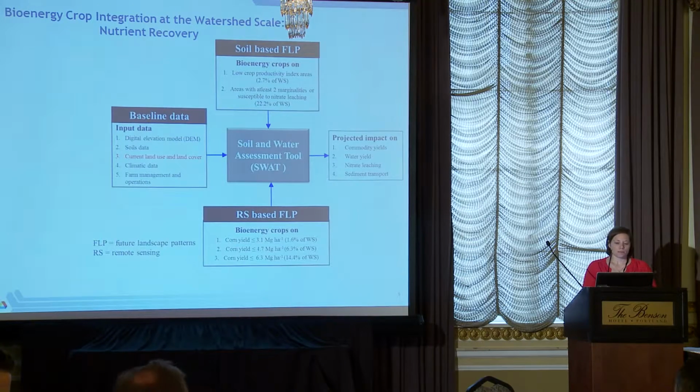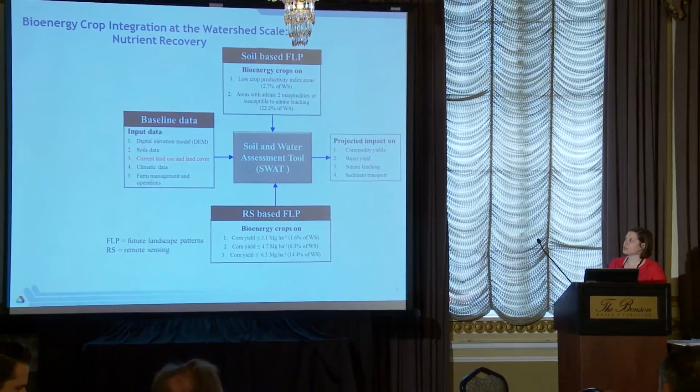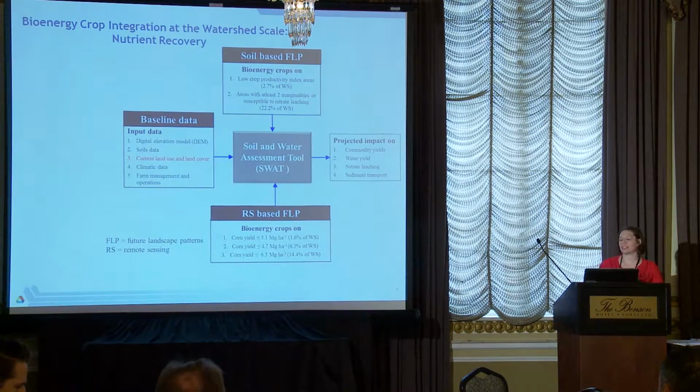So the next step is to scale up from the field scale to our watershed scale, and we can't use the same monitoring regime at the field scale because it's too costly. So we used a modeling system, SWAT, a hydrologic model, and we can compare our business as usual, which uses this baseline data input, to our future landscape patterns, which we can do using two different strategies.